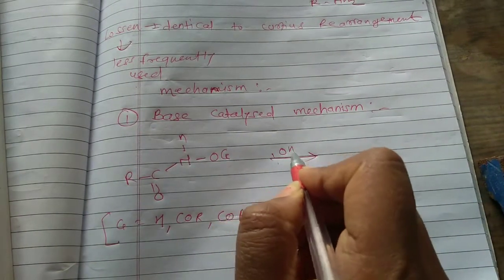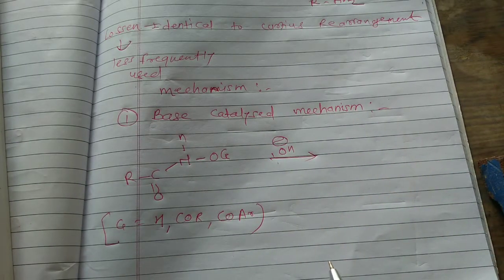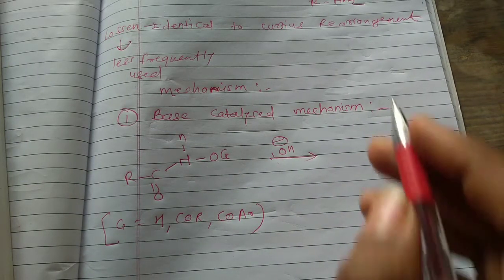Whenever the base is used for conversion to the isocyanate, there is a formation of what?